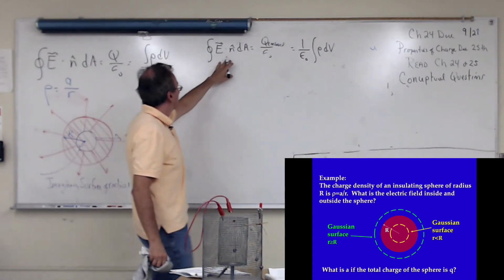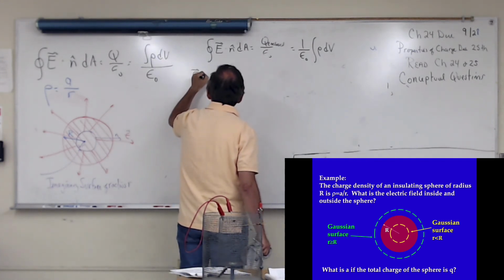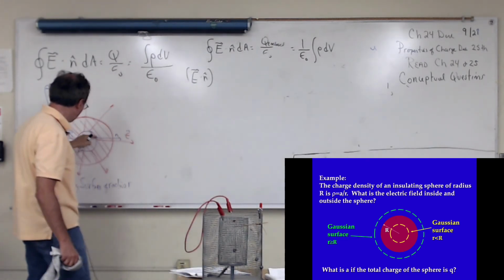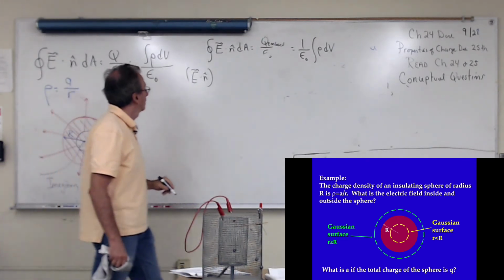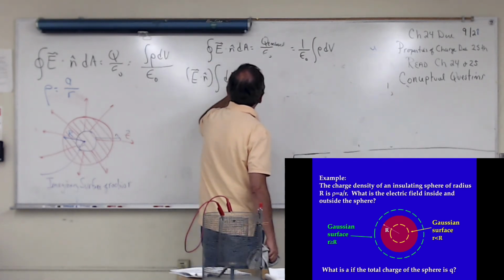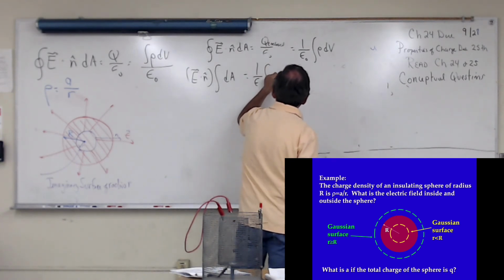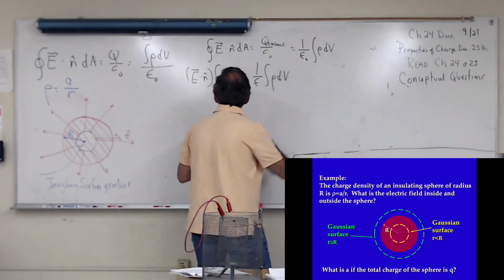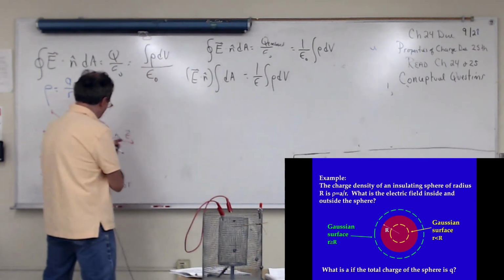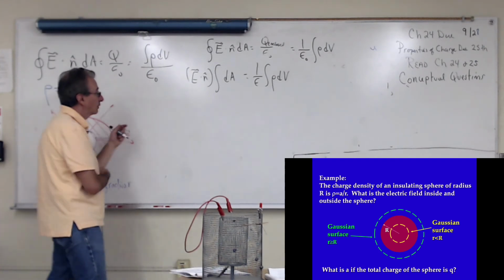Well, let's focus on the left-hand side. I can pull this dot product out because E is uniform over the purple sphere. This dot product is just going to give me E because these two vectors are parallel to each other, and E is the same value all the way around the surface.